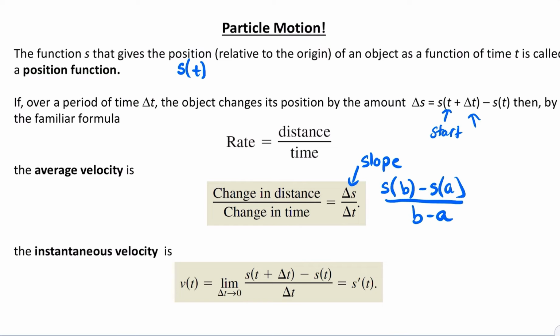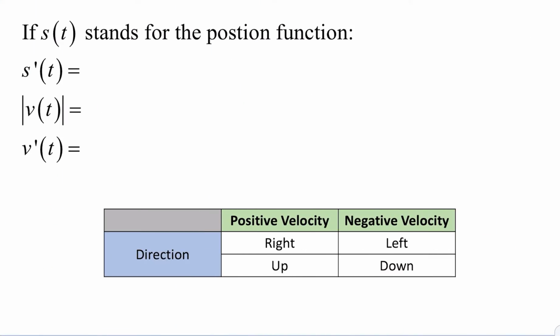And then we have our instantaneous velocity, remember, is limit as t goes to infinity of the rate of change. Well, what is that? Remember, that's derivative. Okay, s of t stands for position function. Then we have the derivative of s of t is going to be v of t, or our velocity function.